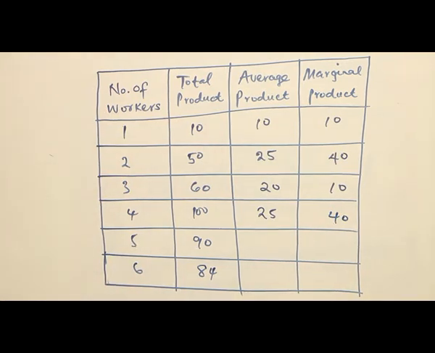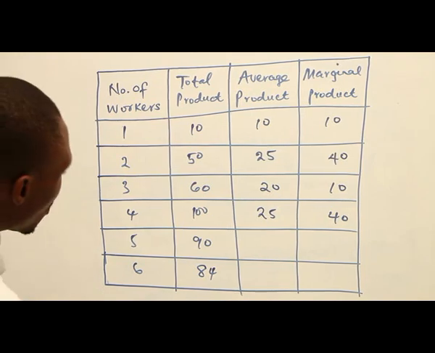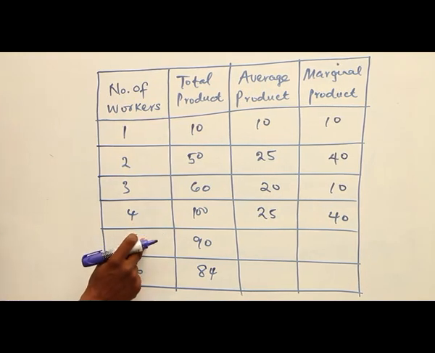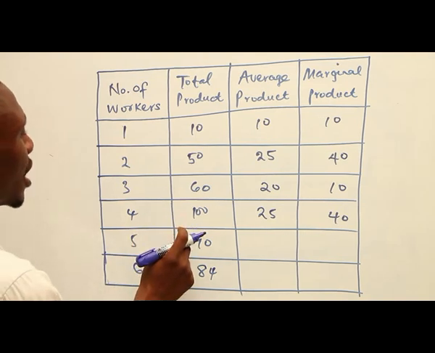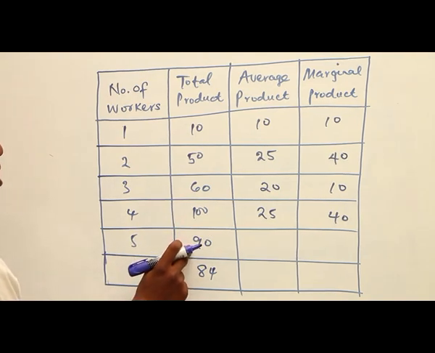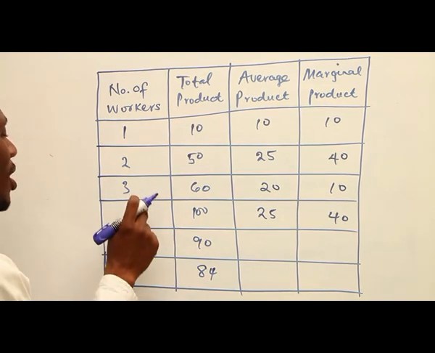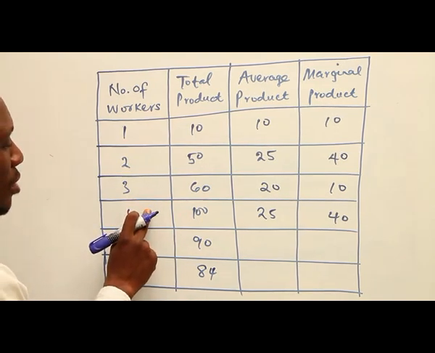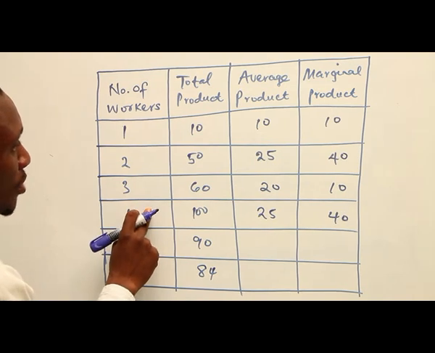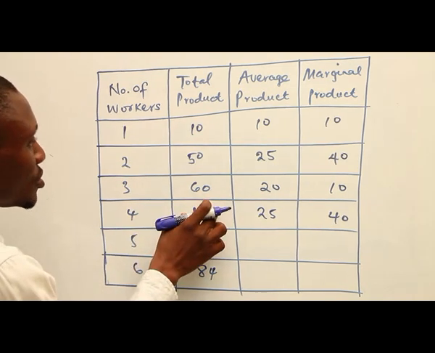Now, when we have the 5th worker, what happened? When we employ the 5th worker, the total product happened to be 90. What is going on here? You observe that when 4 workers were used towards production of a particular good, 100 units were produced.